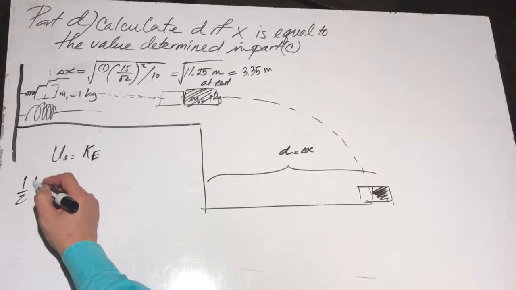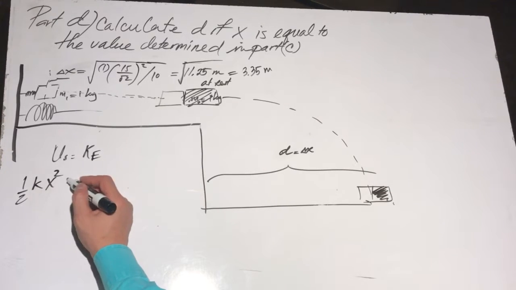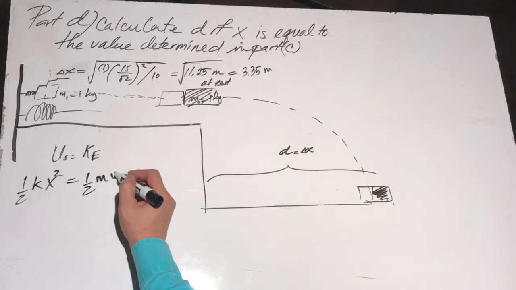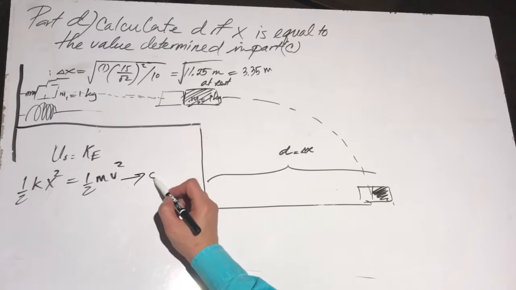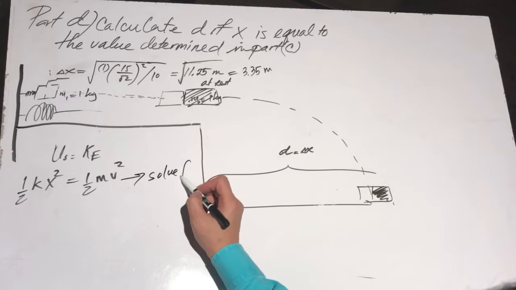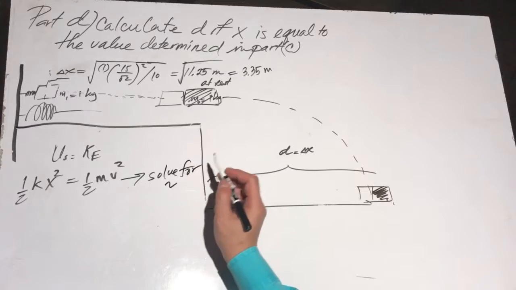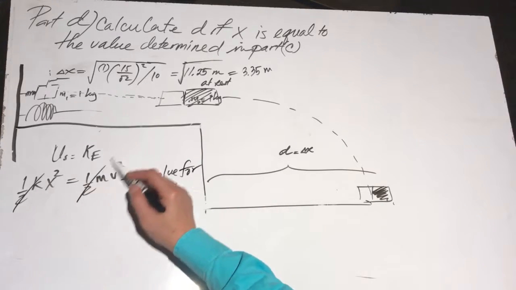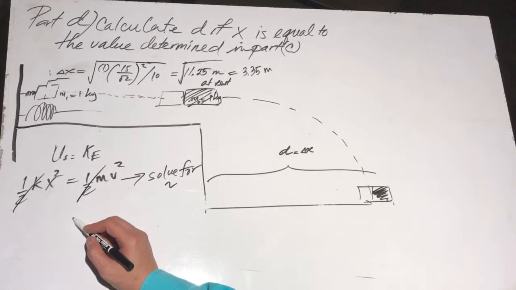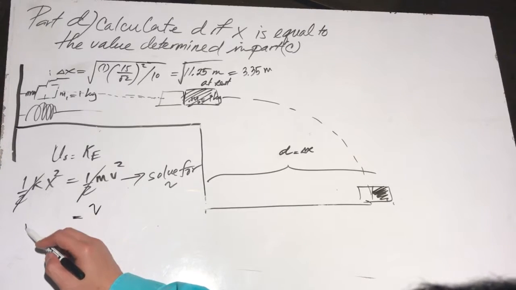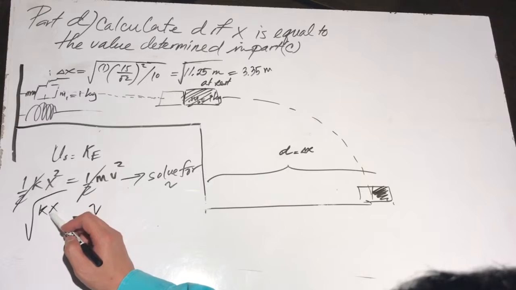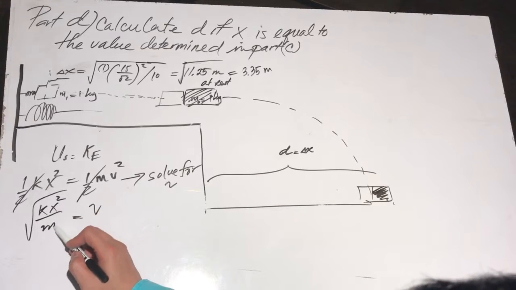So that would be 1/2 kx squared is equal to 1/2 mv squared. And now we're going to solve for velocity. We get rid of this one right here. So velocity is equal to the square root of kx squared divided by m.